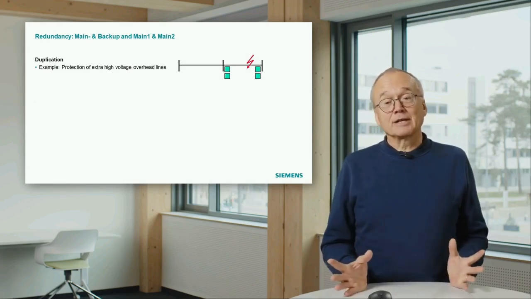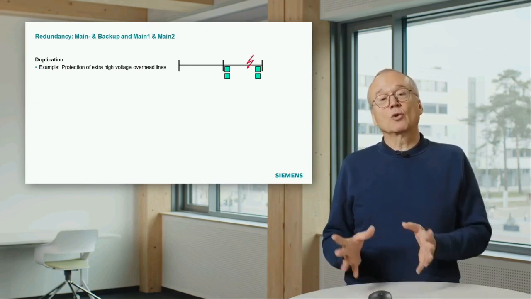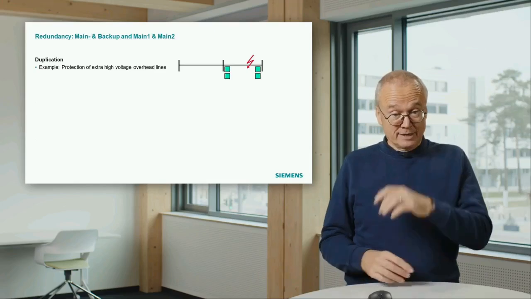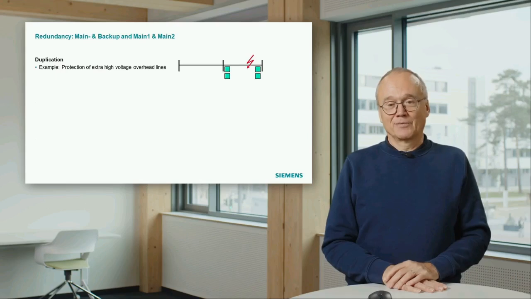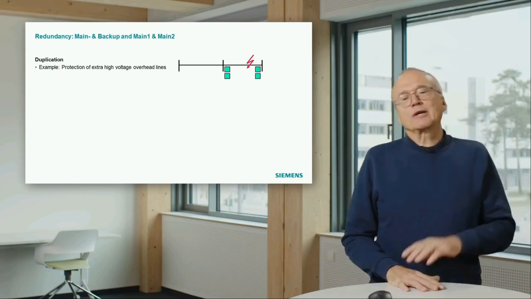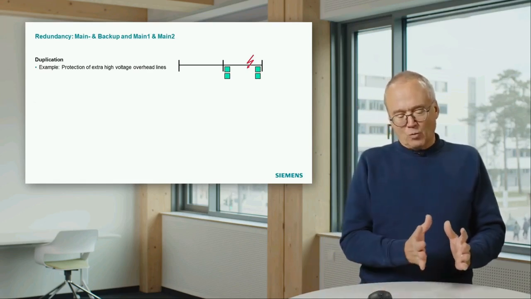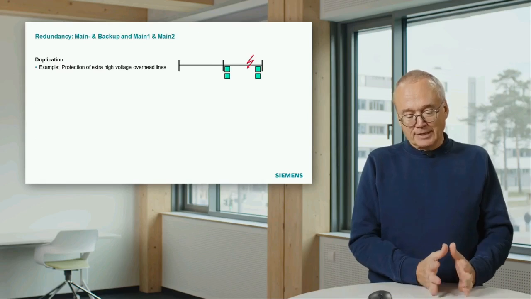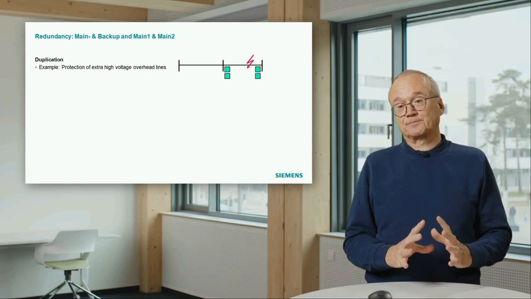You can imagine that is the biggest investment, and you will only do that normally in transmission systems. You will normally not do that in a distribution system. I would just like to add one comment in this context. We also offer relays where you have a distance relay and a line differential relay in one box.